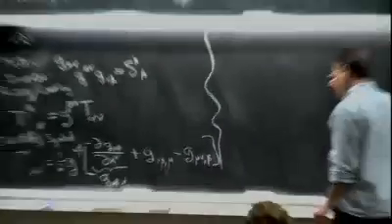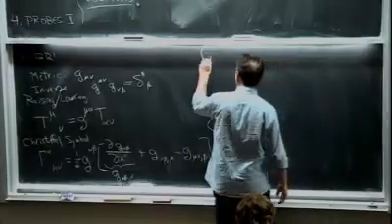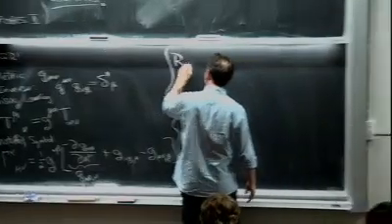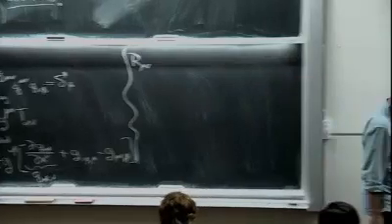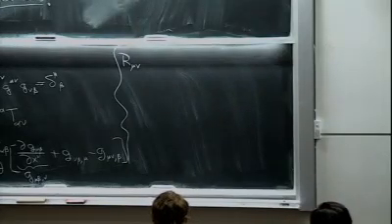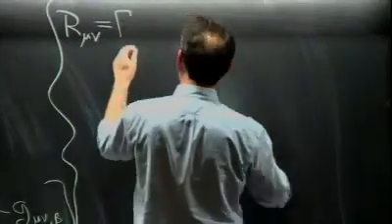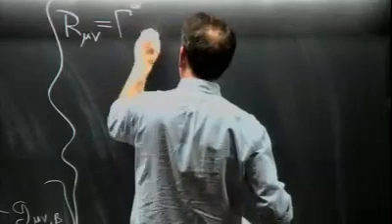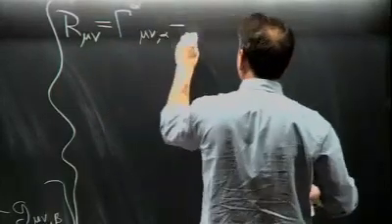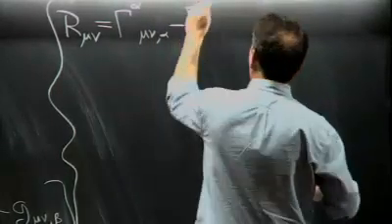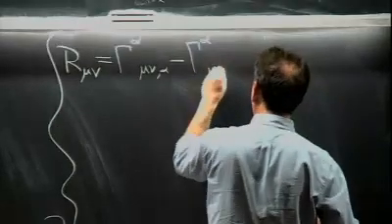The first part of that is the Ricci tensor. The Ricci tensor can be written in terms of the Christoffel symbol as Gamma^alpha_{mu nu, alpha} minus Gamma^alpha_{mu alpha, nu}.